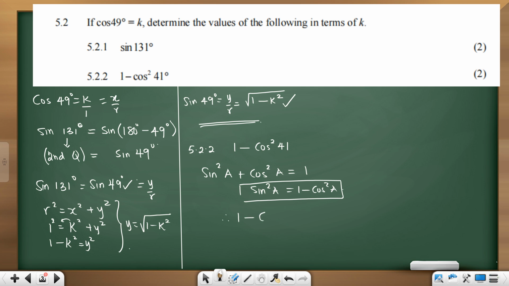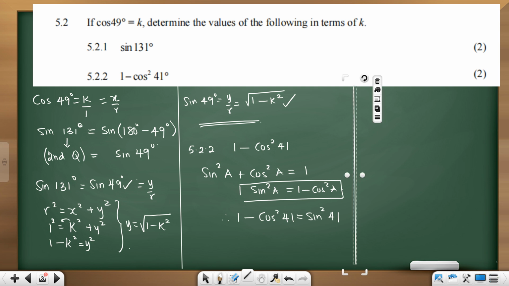Therefore, 1 minus cos squared 41, this is one way of doing it, is the same thing as sine squared 41. All right, sine squared. If you were to draw, you would actually see sine 41 coming up. But I want us to learn the way of doing maths.